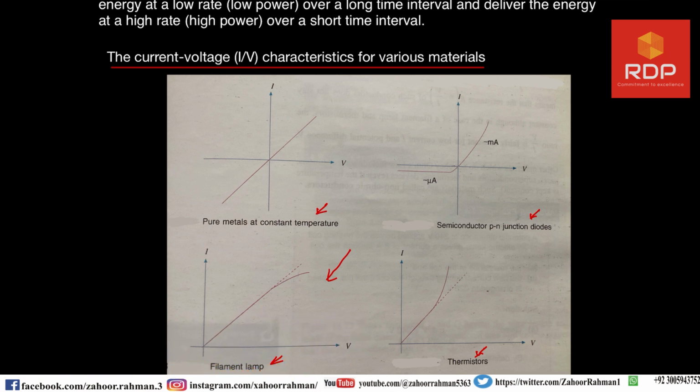Remember that V and I are the potential difference and the current. But you must understand that the temperature of the conductor must remain constant. If the temperature is not constant, you will see a different type of graph.